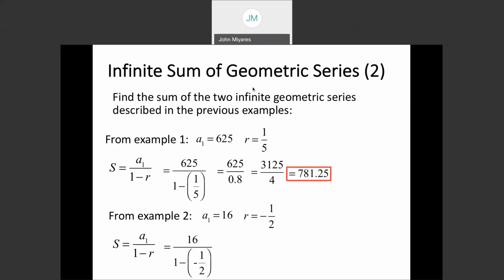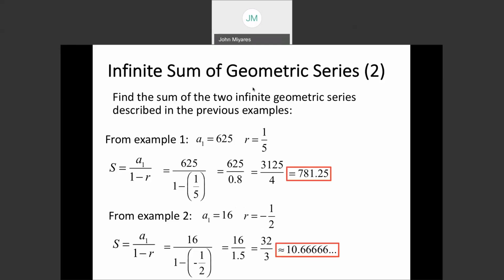The denominator, when you work out the double negatives, becomes 1.5, so the fraction will reduce to 32 thirds, which as a decimal becomes 10.66666 repeating, or again, 10 and 2/3. When comparing the sum of the first 10 terms of the sequence, remember, the sum of the infinite terms, again, really wasn't that much bigger.